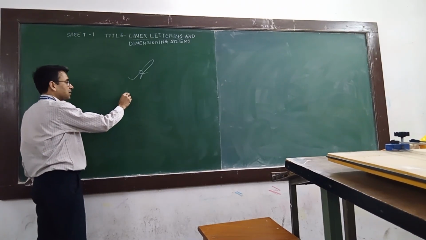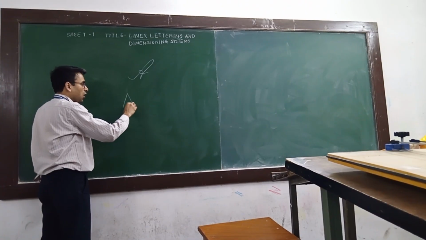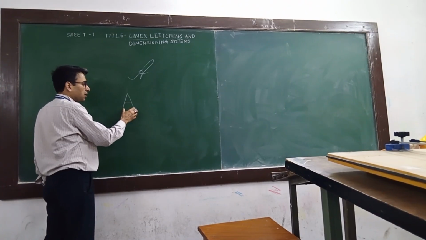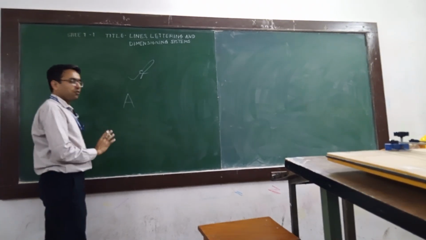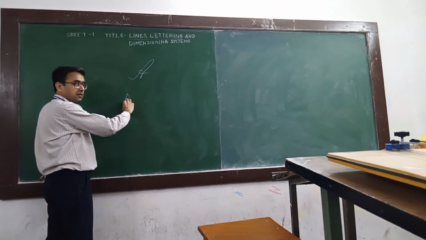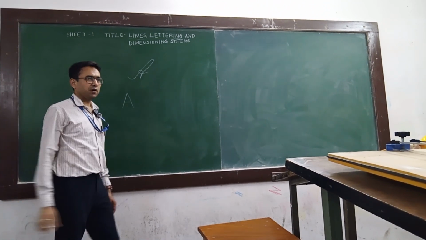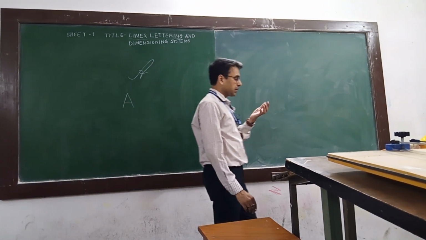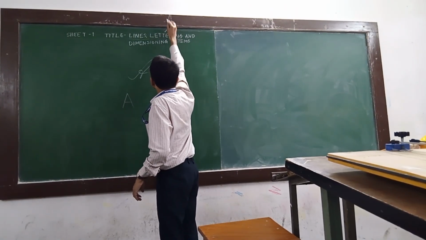We have a particular format in which we will write. If I write an A, what will be the width, what will be the height? There is a particular way of writing, and what is the ratio everywhere. We have to know that first of all. So we will start with lettering.